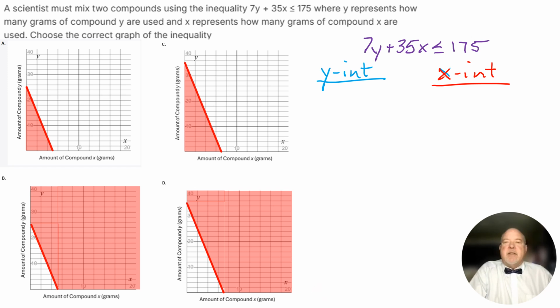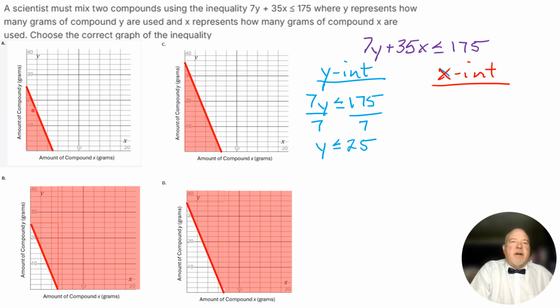So I plug in 0 for x, and what I'm left with is 7y is less than or equal to 175. So now I just solve this. I divide both sides by 7, and I get y is less than or equal to 25. So this has a y-intercept of 25.